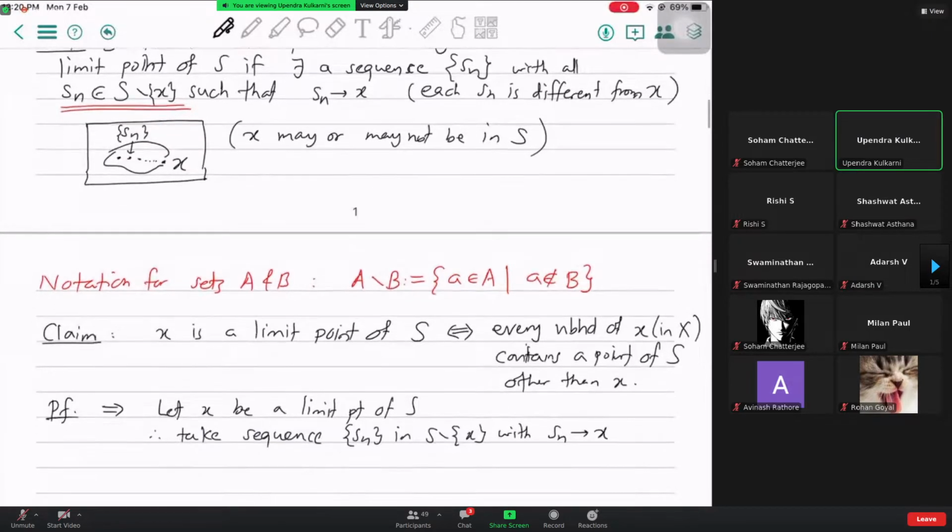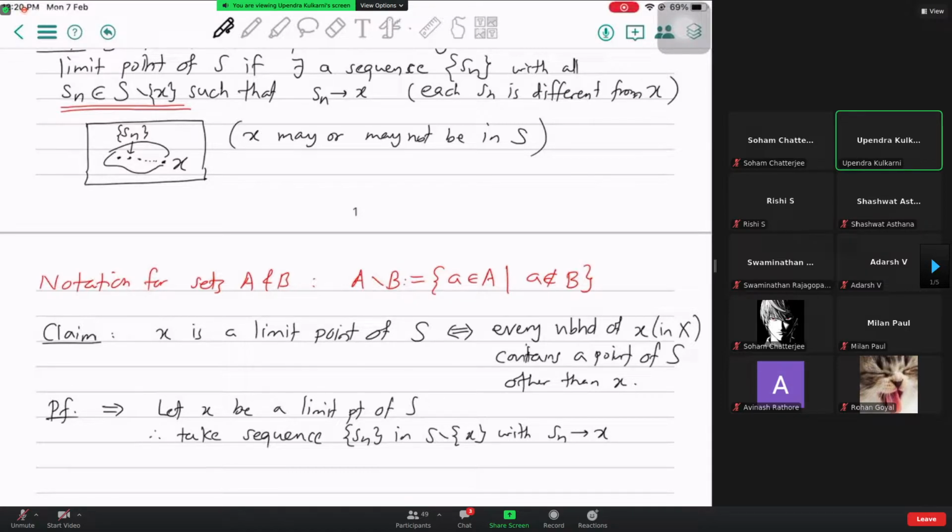I'm just given that, right? There is such a sequence. The virtue of writing down such a thing is that I get to set up terminology. And what do I need to do? I need to show that every neighborhood of X contains a point of S other than X.